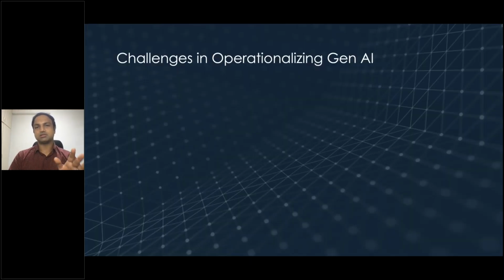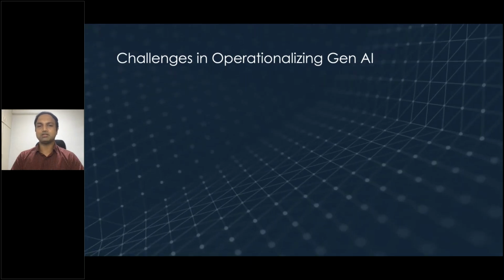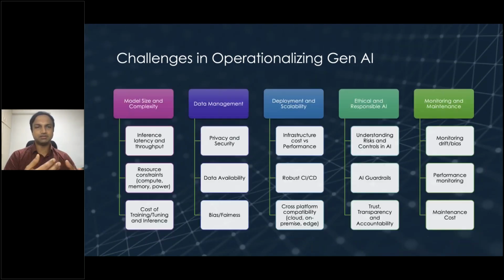So there are some challenges in operationalizing GenAI. If I can quickly summarize some of these, there are challenges in terms of model size and complexity, how you manage the data, how you scale those applications in terms of users, the CI/CD platform, and also how you monitor and maintain that. These GenAI applications come with an inherent risk.